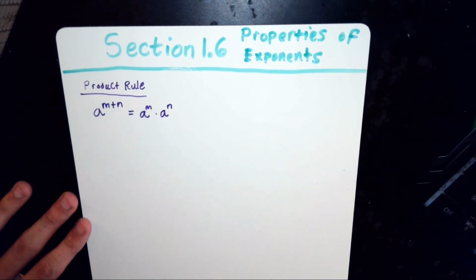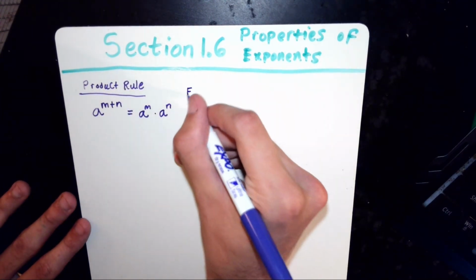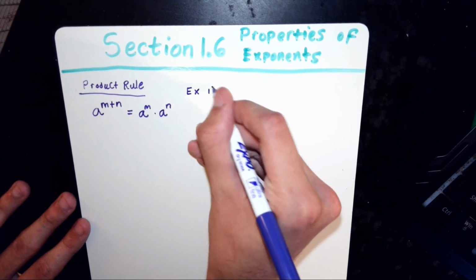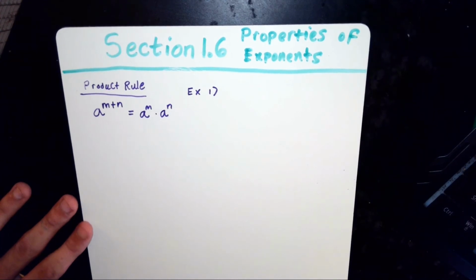That's what we learned last time. So what I'd like to do is circle back to that and do one or two examples just to make sure that that's solid before we move on to the quotient rule. So yeah, let's do that.